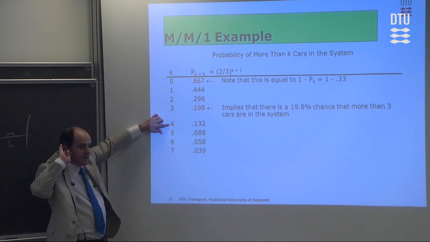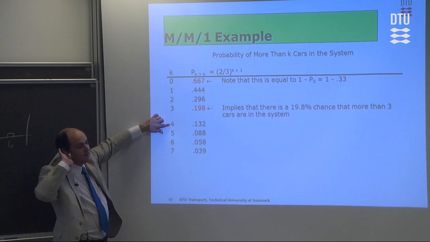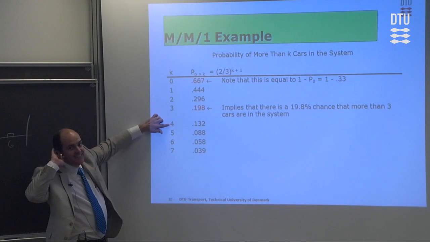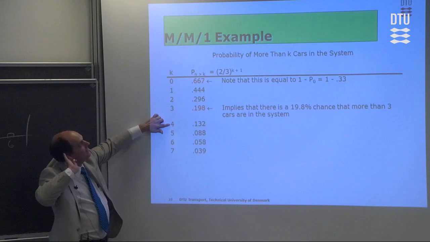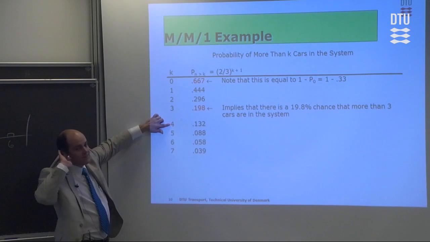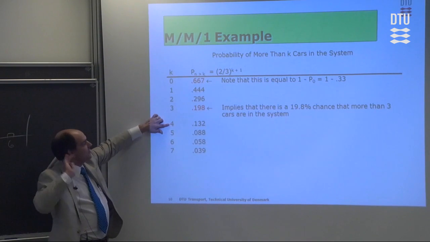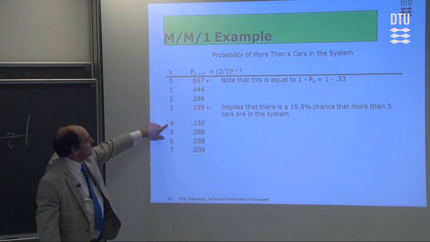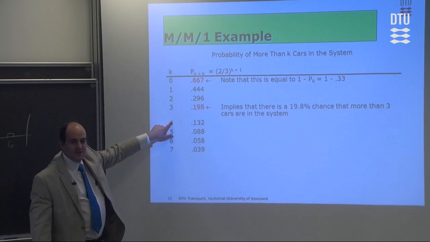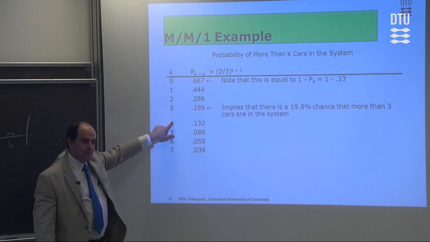How many? So this is the probability that there are more than 4 cars in the system.